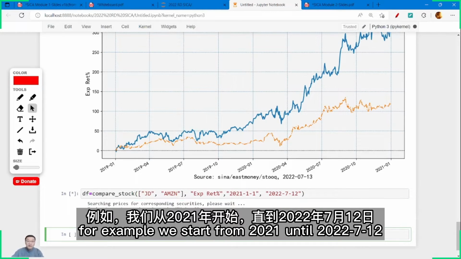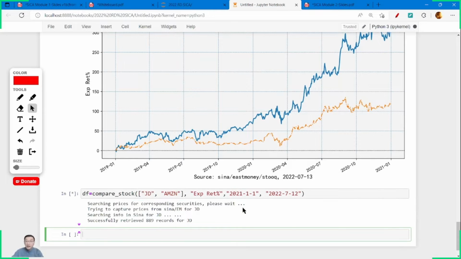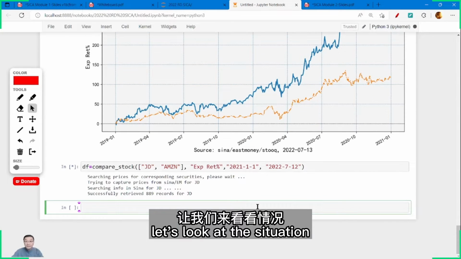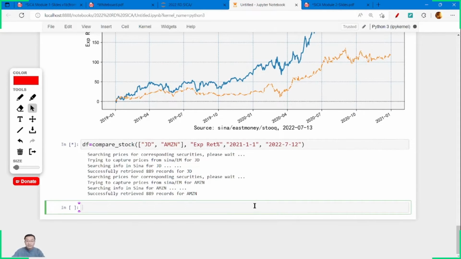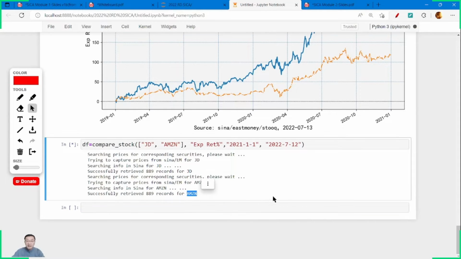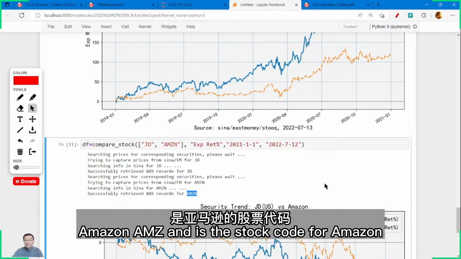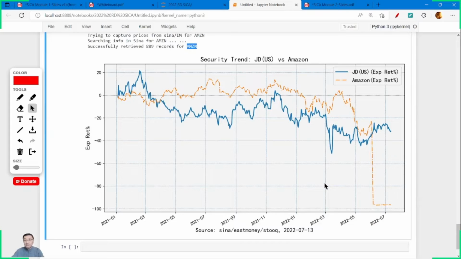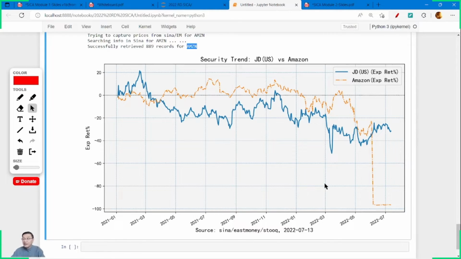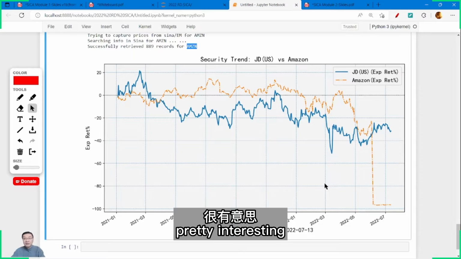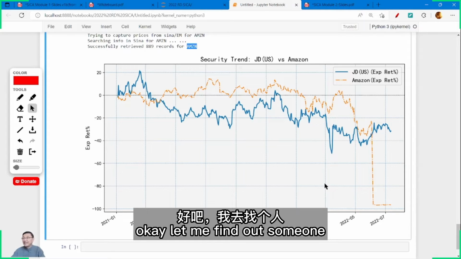Let's look at the situation. AMZN is the stock code for Amazon. Wow, it's a very interesting picture. Pretty interesting. Amazing. Okay, let me find someone. Please try your best to explain, plus your imagination.